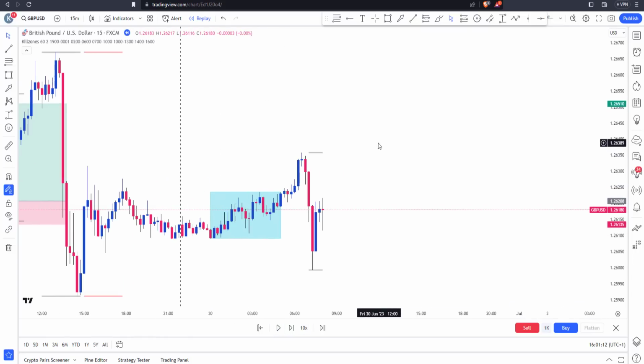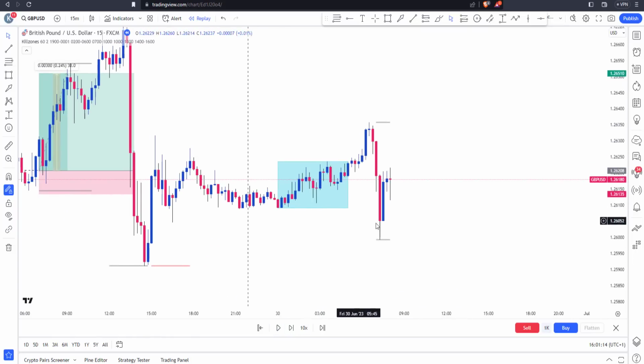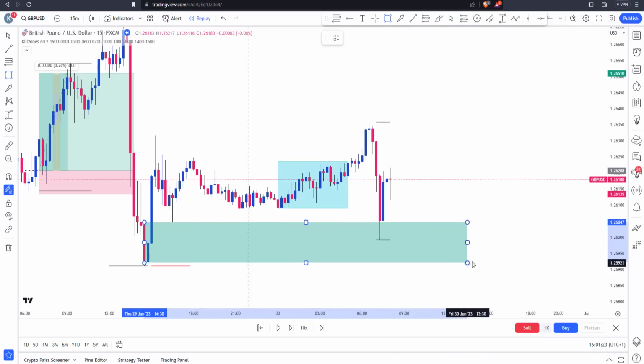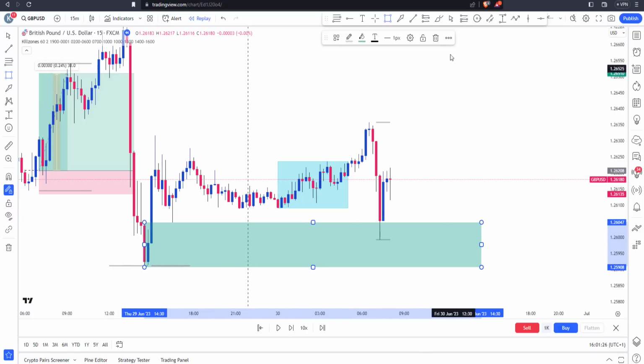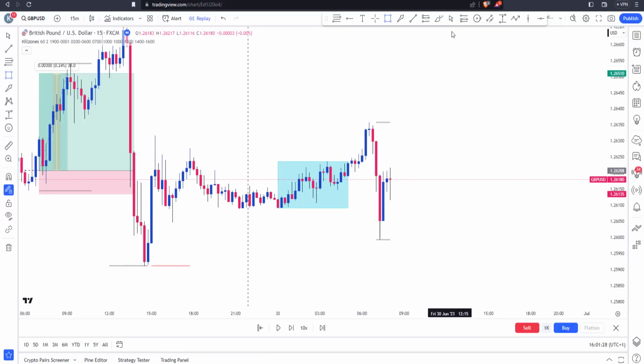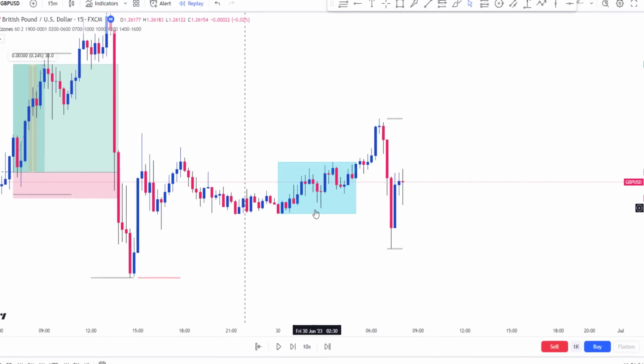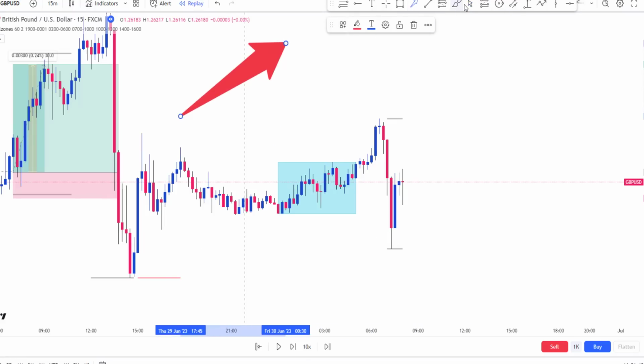The sweep of liquidity came in at exactly that time, 7 a.m. Sweep of liquidity, and this one also traded into the previous day. You can actually see the previous day order block, it traded into it. It gives us additional level of confidence. So we have swept the liquidity below here. This is the only thing we need to see, sweep of liquidity below, since we are dealing with a bullish overall higher time frame order flow.